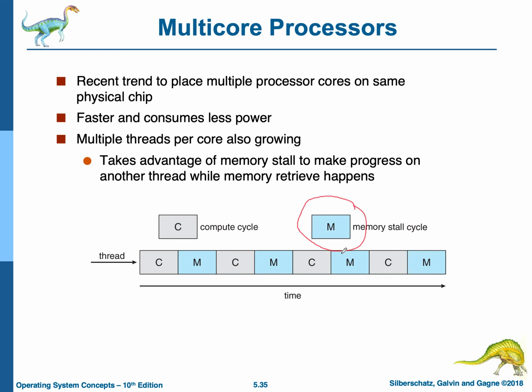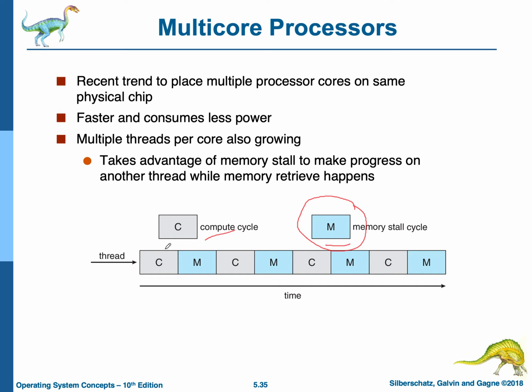Memory stall means the CPU waits for some input from memory. This is mostly done in a cycle, where compute and memory are two things which work in a cycle. It's not round robin, I just said that mistakenly.